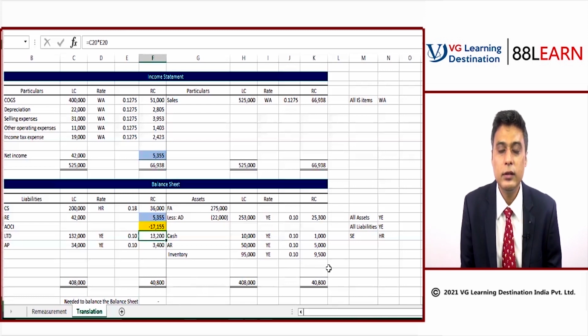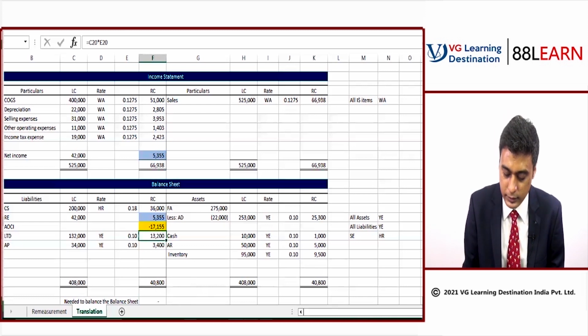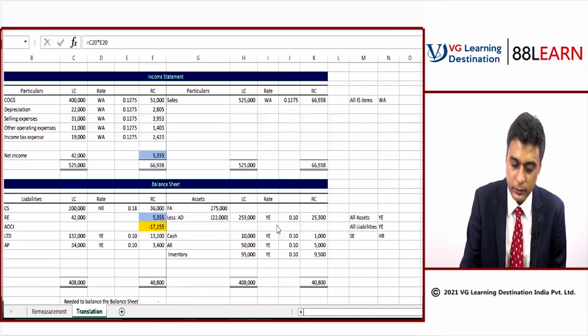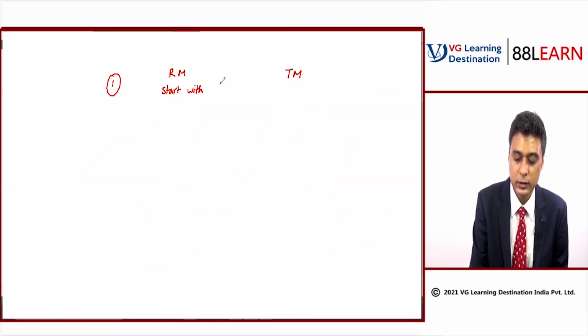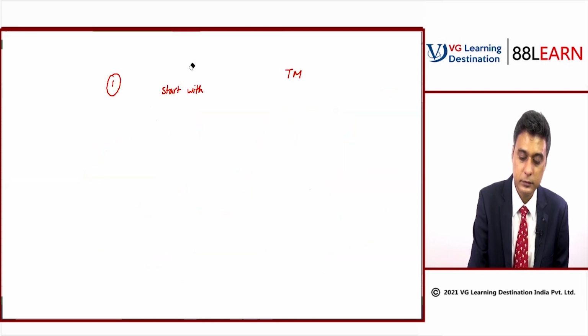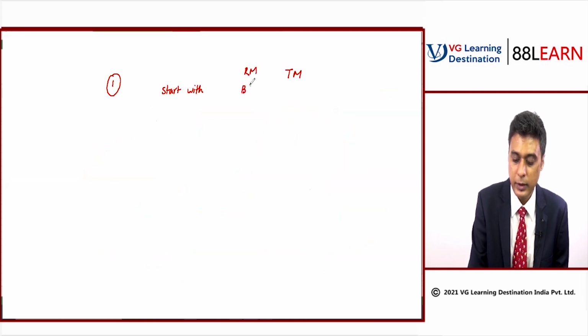So if you notice here, the differences between the two methods, let me do a quick recap. First, in the remeasurement method, we start with the balance sheet. In the translation method, we start with the income statement.